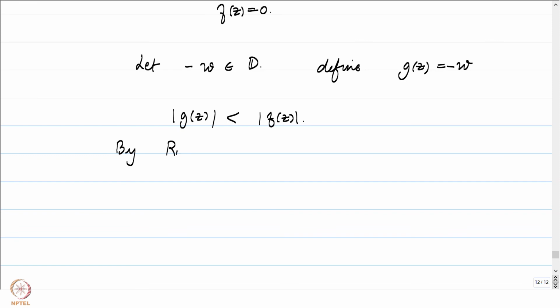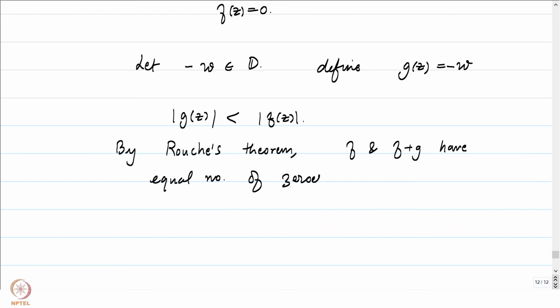Now, by Rouché's theorem, f and f plus g have the same number of zeros in D counted with multiplicity.